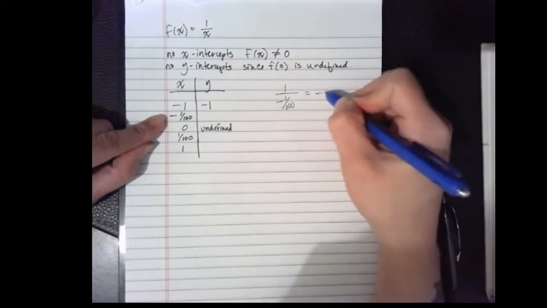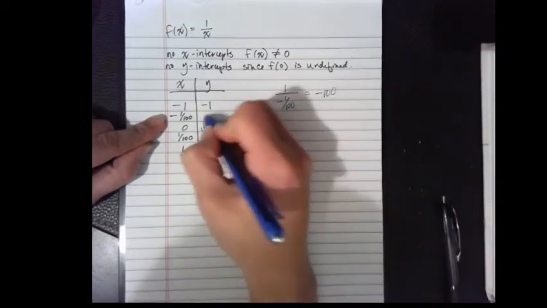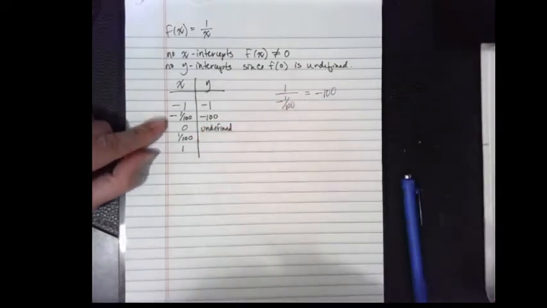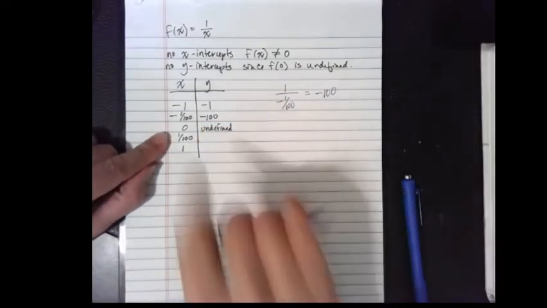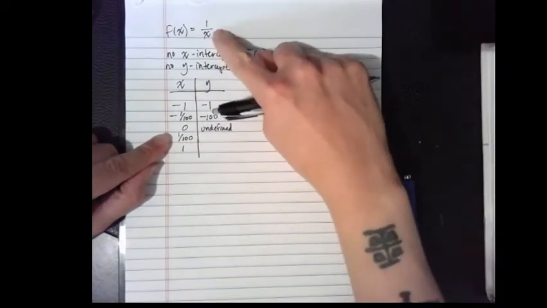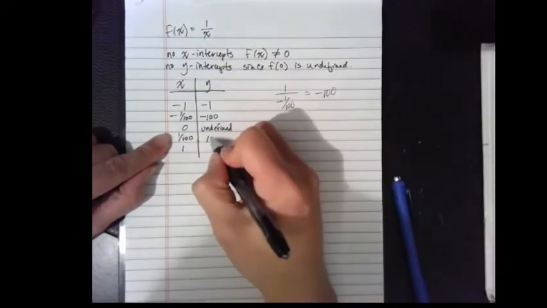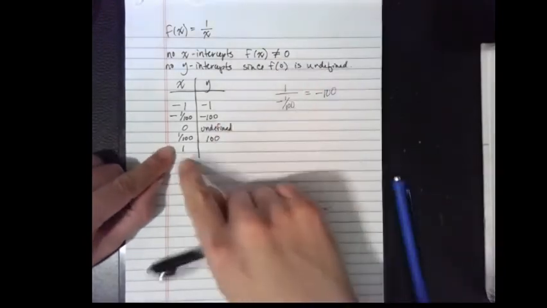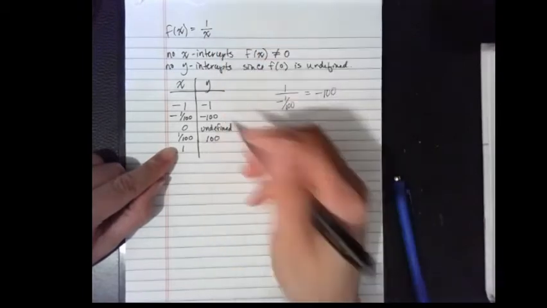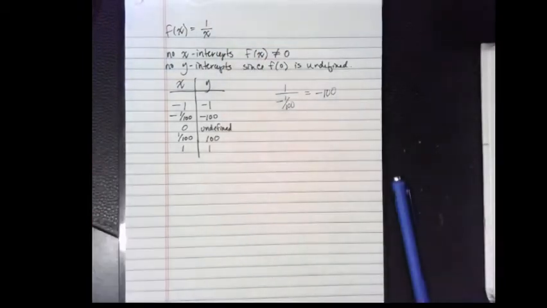So that equals -100. The same thing if I take +1 over 100 and I plug it into my function here, I end up with +100. And then if I take +1, plug it back into my function, 1 over 1 is just 1.